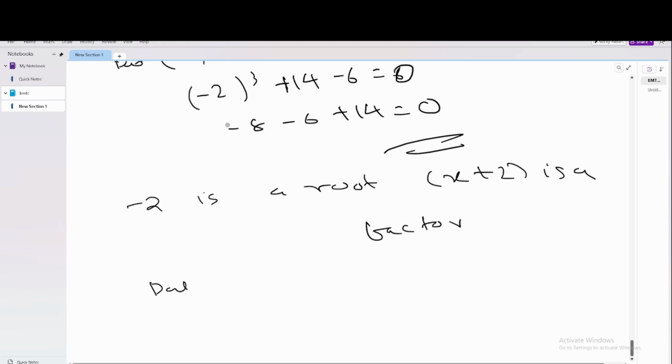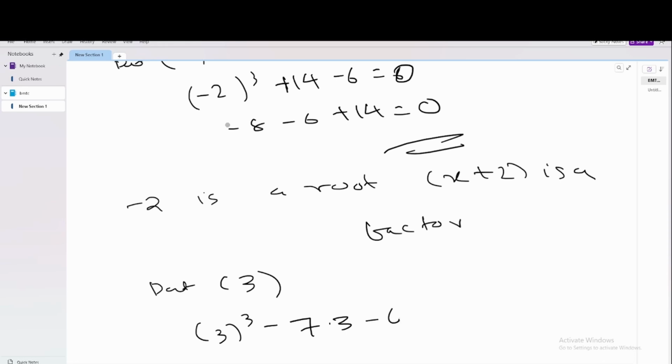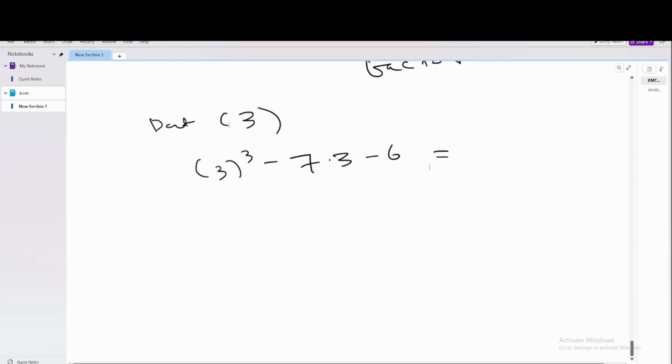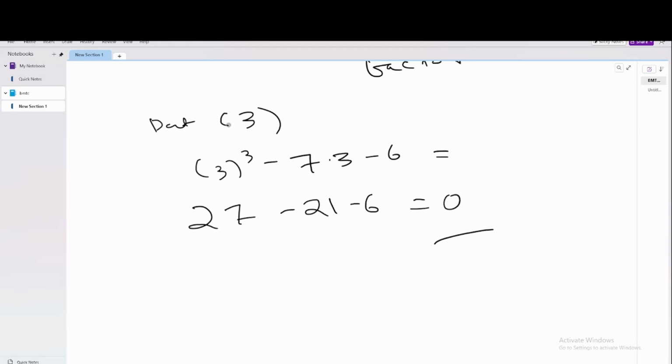Now put 3. 3 cube minus 7 into 3 minus 6. 3 cube is 27, 27 minus 21 minus 6 is 0. So 3 is a root, x minus 3 is a factor.